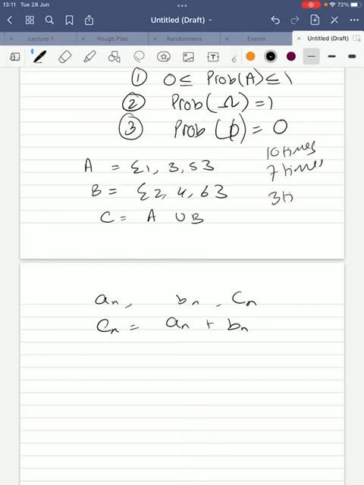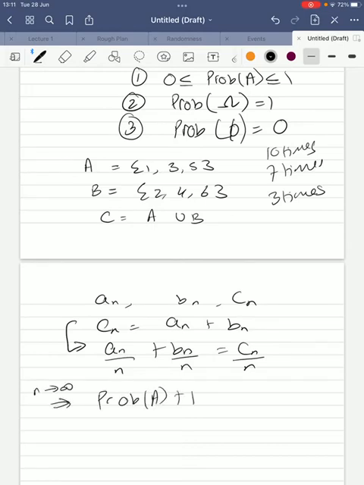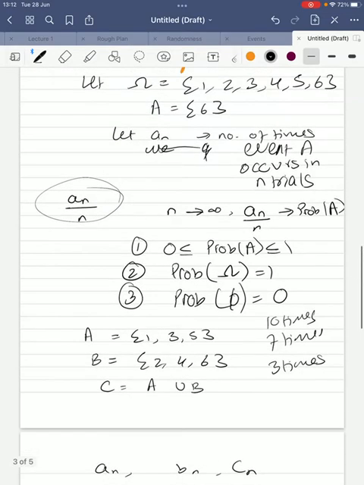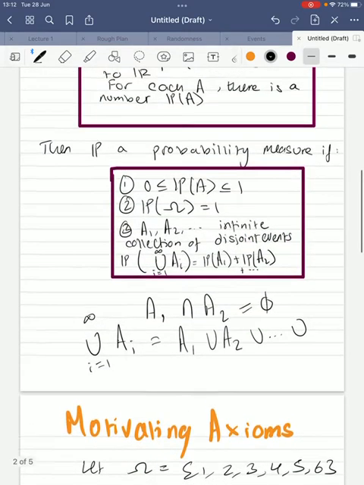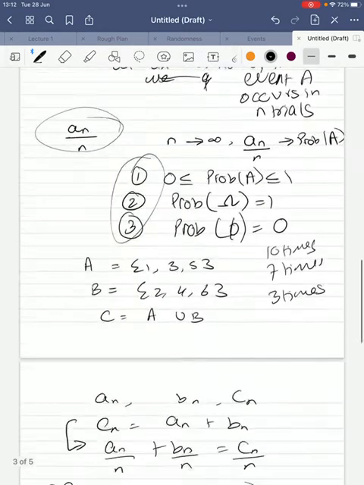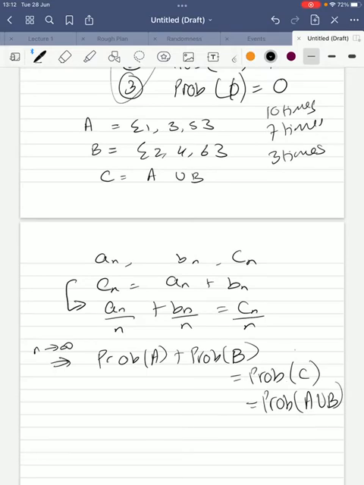That means the other 3 times we must have got an even number, yeah? Which means this implies that A_n over n plus B_n over n equals C_n over n. And as n tends to infinity, this implies that prob A add prob B is prob C, or prob A union B. And you can see that these 3 properties come from these 2 axioms, and the third axiom is linked to this property here.